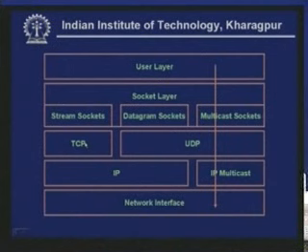For TCP we use stream sockets, whereas for UDP we use datagram sockets as well as multicast sockets. So multicast sockets also use UDP. This is the socket layer. Above this we have the user layer, that is the application layer, which uses these multicast sockets and uses UDP to go through IP to send multicast messages, which are routed by the multicast supporting router.